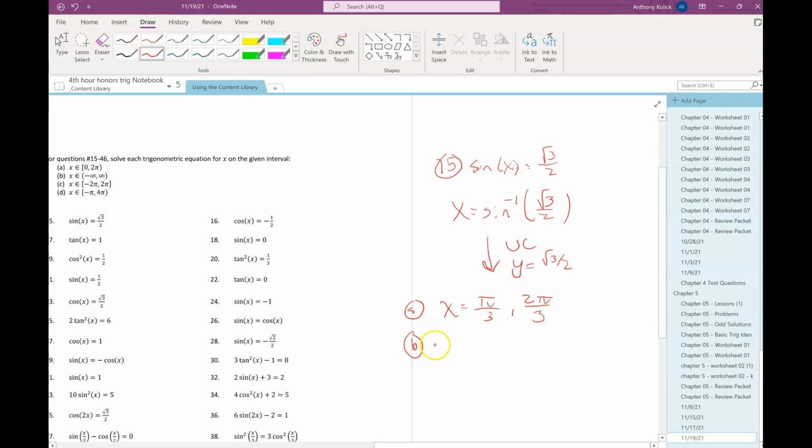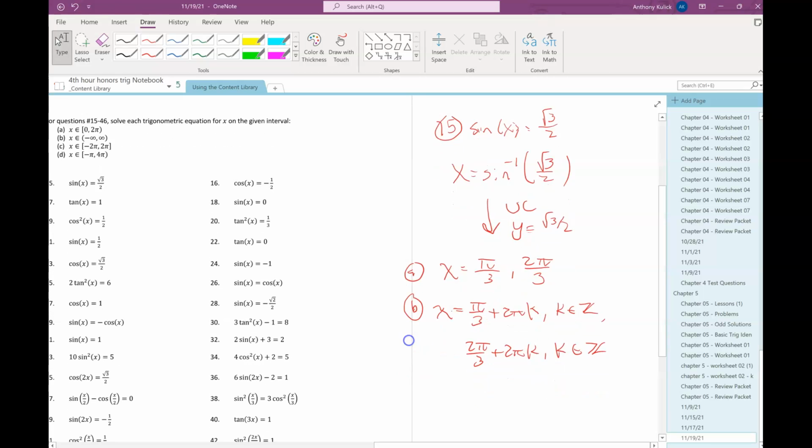For part B, where we're solving over all real numbers, basically all I need is everything that's coterminal to pi over 3, and everything that's coterminal to 2 pi over 3. So that's all we have to do to write that. For part C, we're looking for everything between negative 2 pi and positive 2 pi.